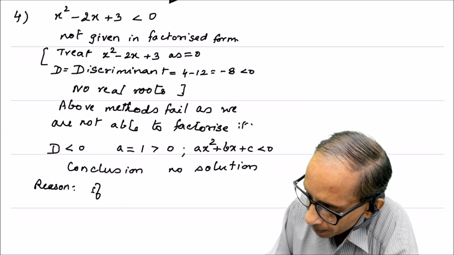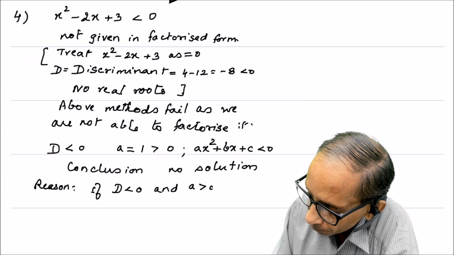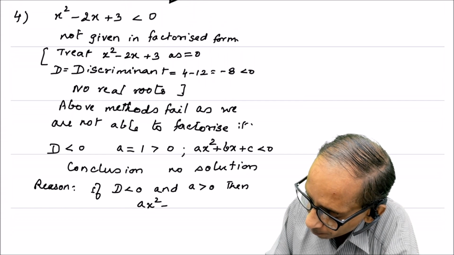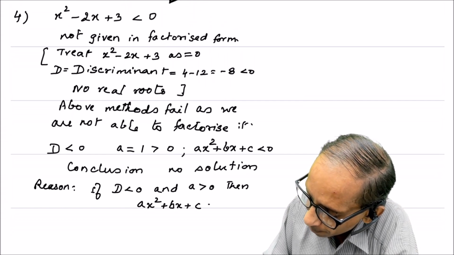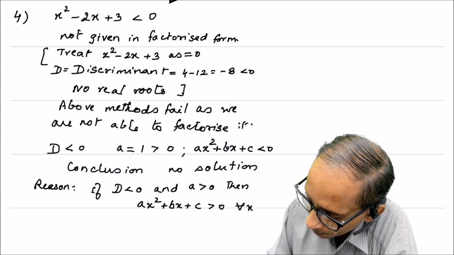Reason: if D is less than 0 and a is greater than 0, then ax square plus bx plus c will be greater than 0 for all values of x.